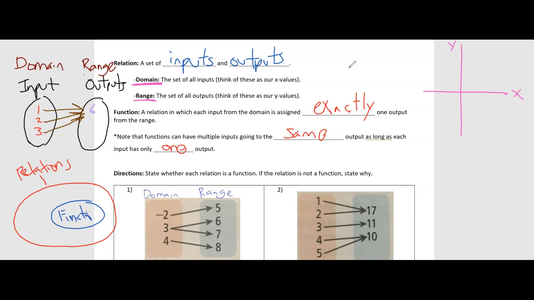So all functions are relations, not all relations are functions. And if you have trouble digesting that phrase, pause the video, listen to it again, look at the Venn diagram. Not every relation is a function, but every function is a relation.